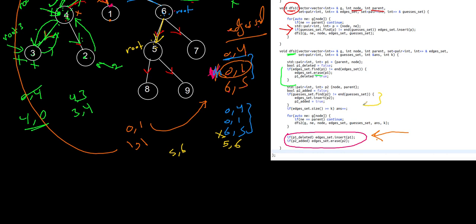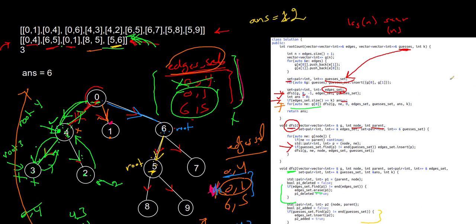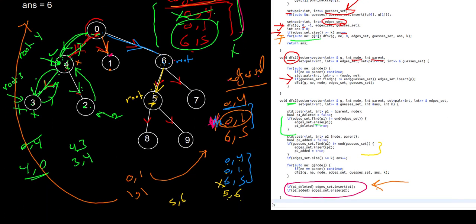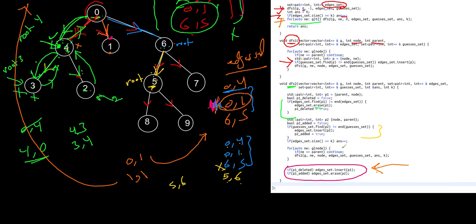So this is what we are doing here, and the set contains 3 values: 0 4, 0 1, 5 6, which is greater than or equal to 3, so 5 is a valid root, so we increase the answer by 1. Answer is 3.